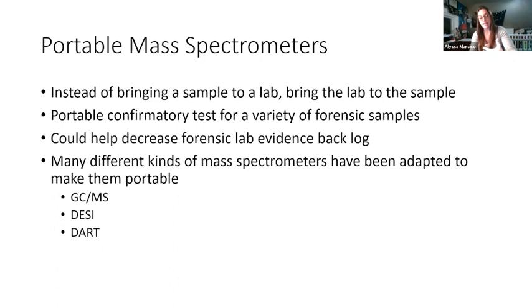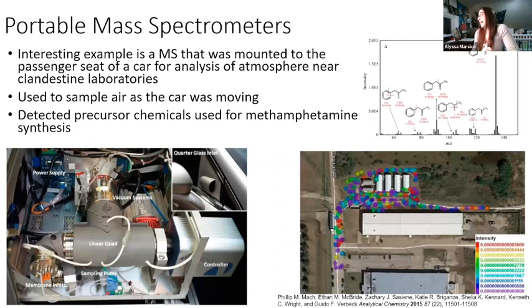One of the first instances of a portable mass spectrometer was this instrument here. It wasn't necessarily a handheld machine. You'd put it in the seat of a car, and that's how they first started this. Literally, this was just a lab that decided to home build a mass spectrometer and make it as small as possible. They used this in a car and drove it around an area where a clandestine lab was suspected of being.